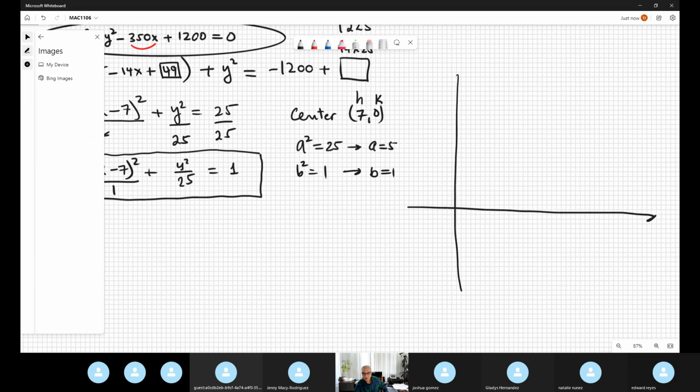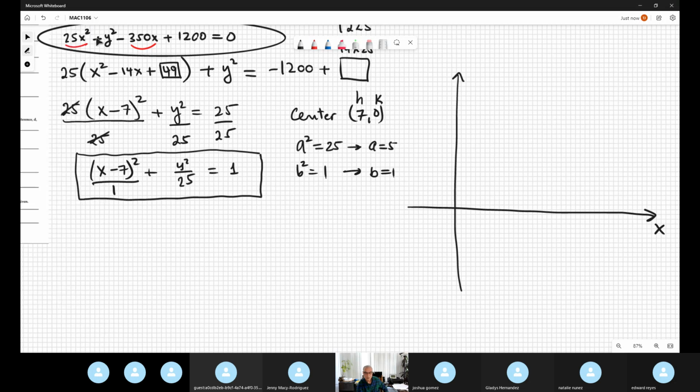Y-axis, x-axis. And the center for this ellipse is located at the point (7, 0). It's 1, 2, 3, 4, 5, 6, and 7. That point (7, 0). Now a is 5. And remember, a is associated with the y. So we have two possibilities. What kind of ellipse do we have, this ellipse or this ellipse?